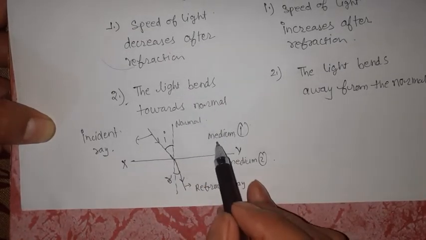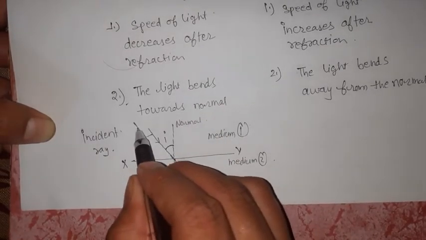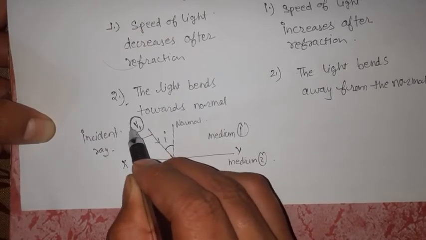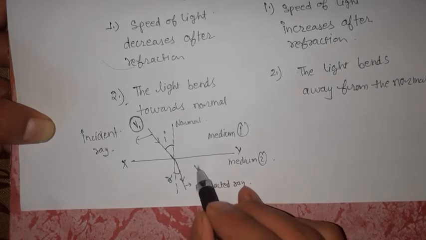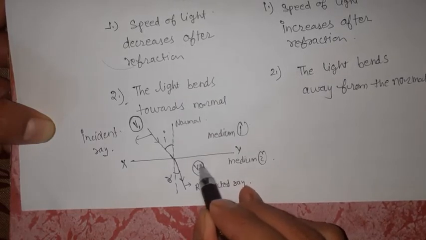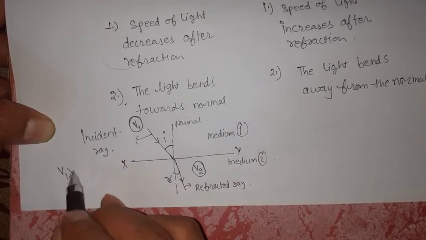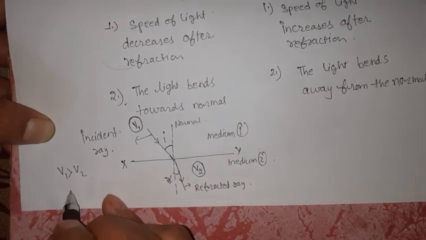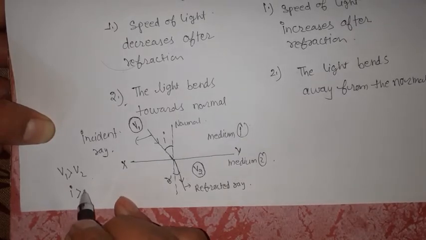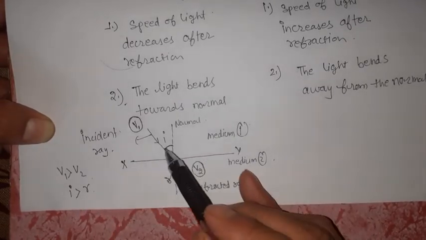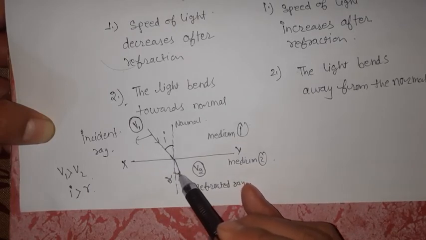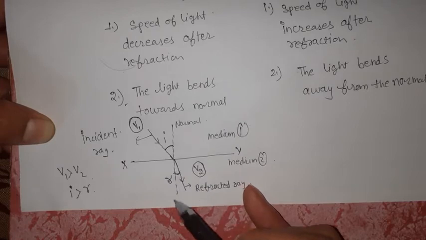So if v1 is the speed of light in the first medium and v2 is the speed of light in the second medium, we get v1 is greater than v2. Similarly, the angle of incidence is greater than the angle of refraction, because you find that this angle is greater compared to this angle, since the ray bends toward the normal.